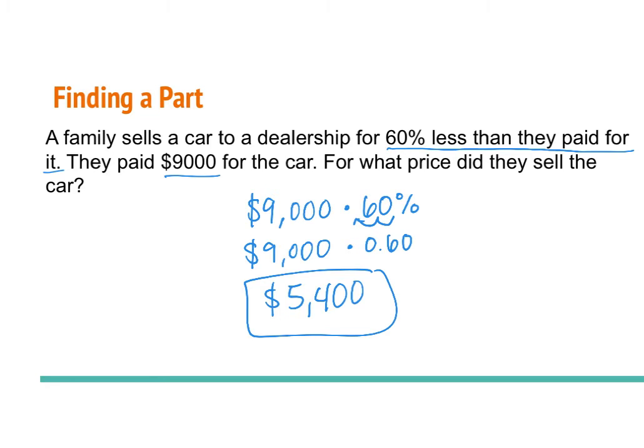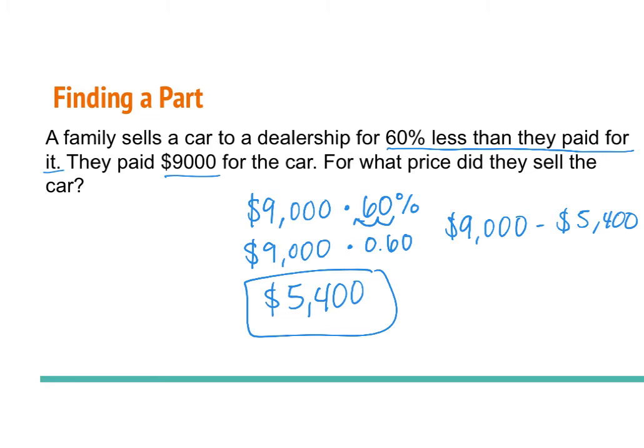So, sells a car for 60% less. So this is 60% less. This is the discount, okay? So we have to take 9,000 and subtract it by 5,400, okay? Because it says 60% less than they paid for it. If it said that they sell the car for 60% of what they paid for it, then that would be fine.